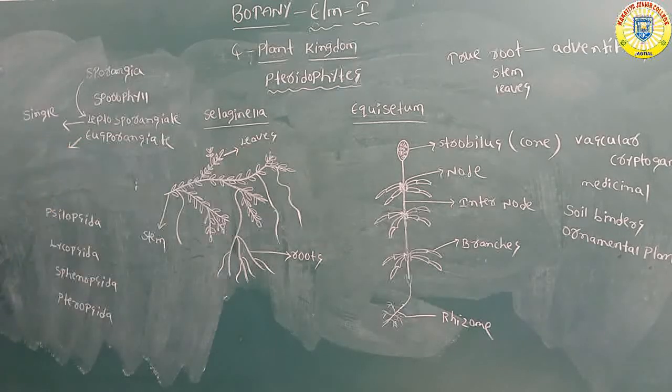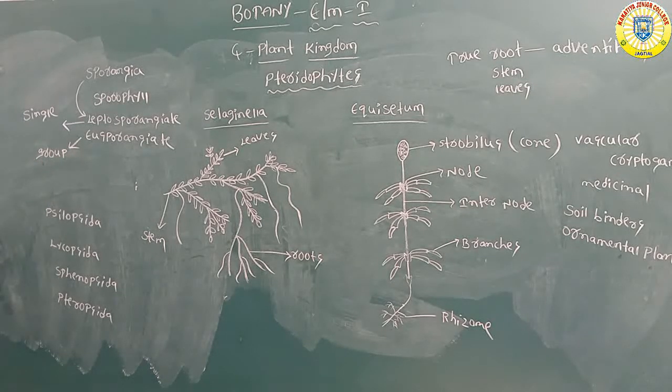Eusporangiate method means the sporangia developed from a group of surface cells, or a group of superficial cells. That is called the eusporangiate method.